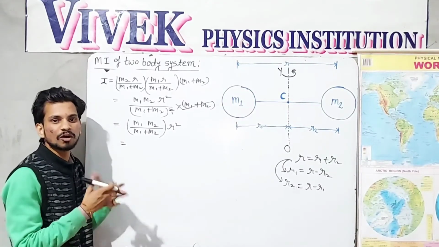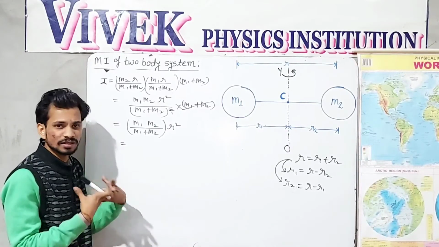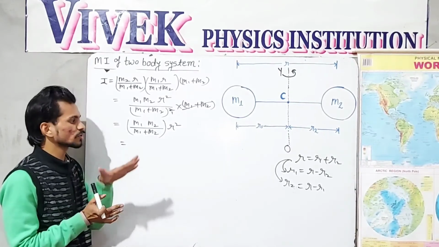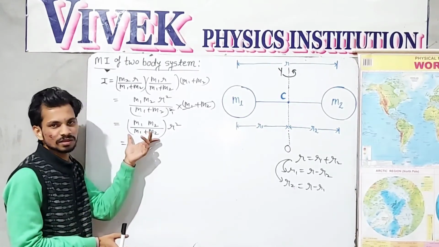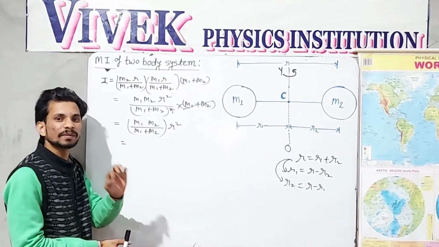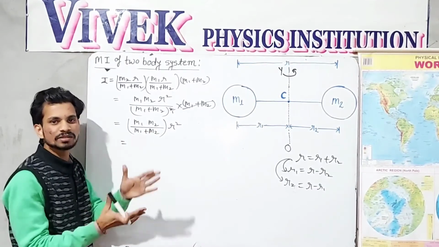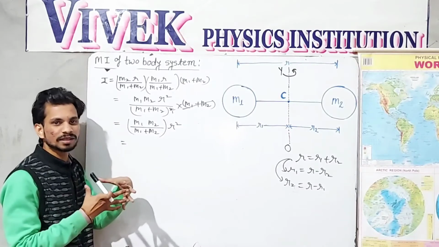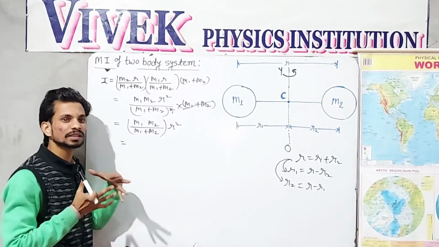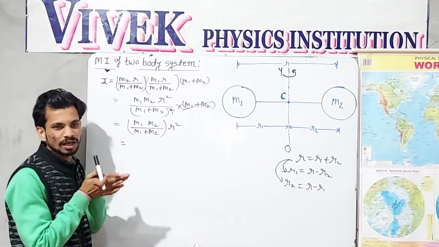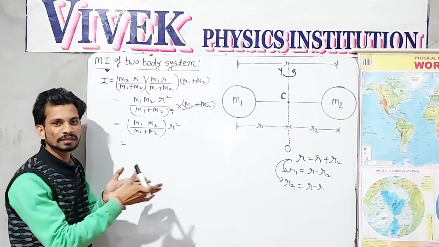Don't worry about how to understand the reduced mass concept right now; I am just taking it as reduced mass. I will cover the complete scenario, how the reduced mass is conceptualized and what the need of the reduced mass is.